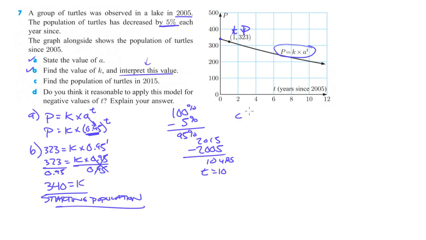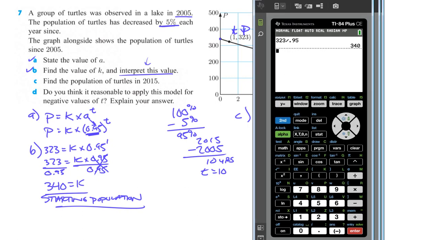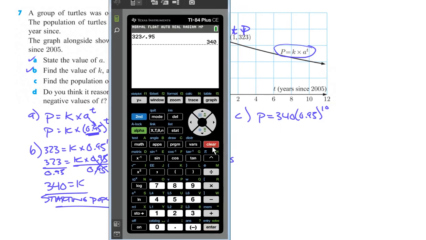So for C, we're going to do P equals, we now know that K is 340 times 0.95 to the 10. Now we just plug that into our calculator. 340 times 0.95 to the 10th power tells us that the population is going to be down to about 182 turtles.